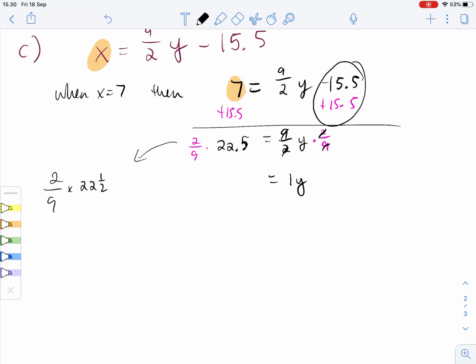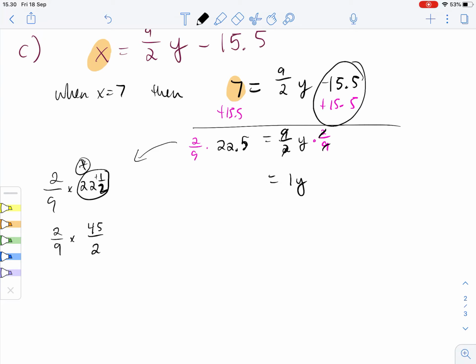Now what I'm going to do is write this number as a fraction. So 2 times 22 plus 1, so 2/9 times 45 divided by 2.